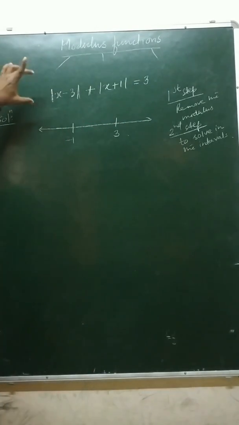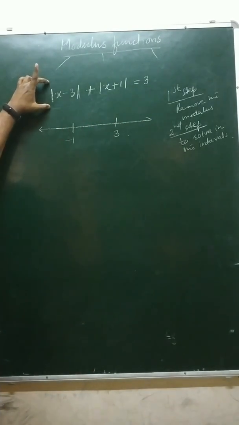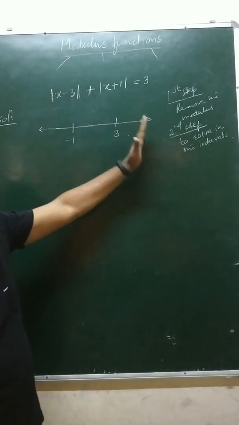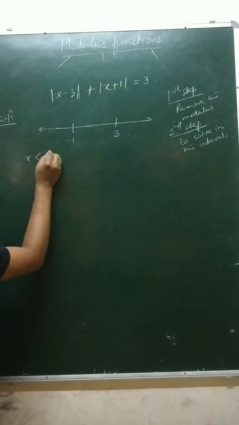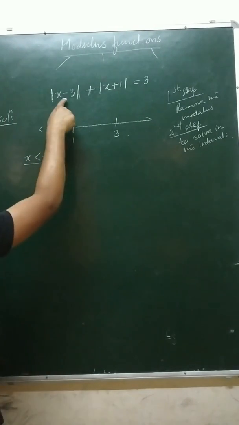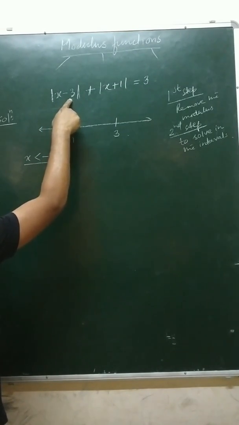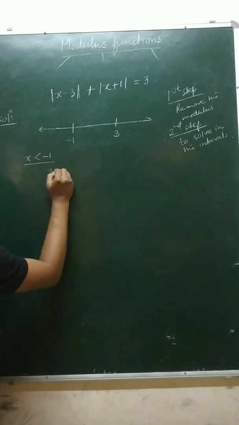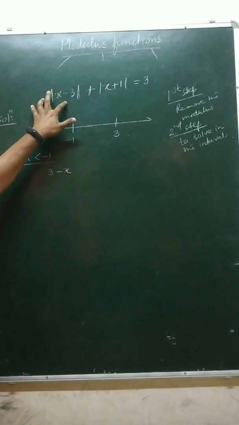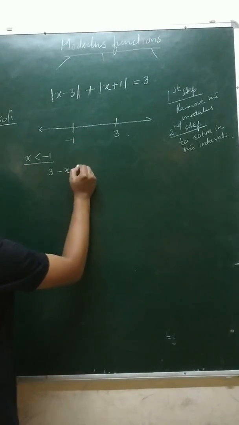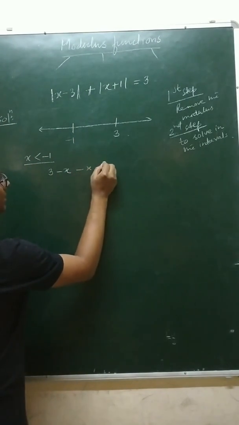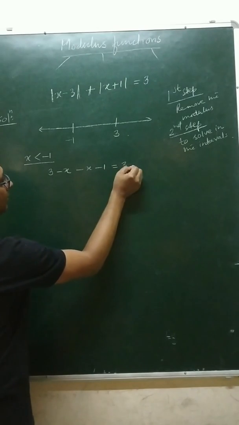Now we are going to solve this modulus function in these 3 intervals. So when x is less than -1, then modulus of x minus 3 will give you 3 minus x, because it will come with a negative sign. x plus 1 also will open with a negative sign to get minus x minus 1 equal to 3.